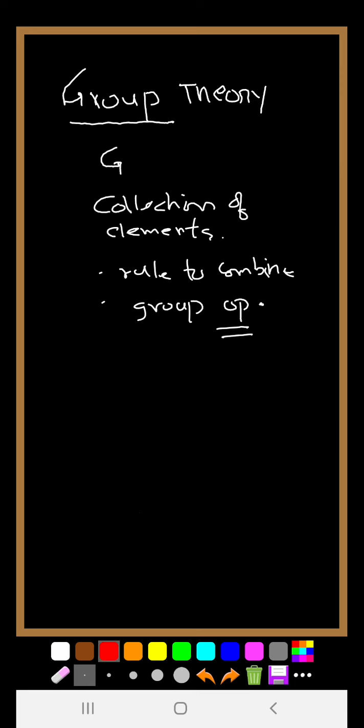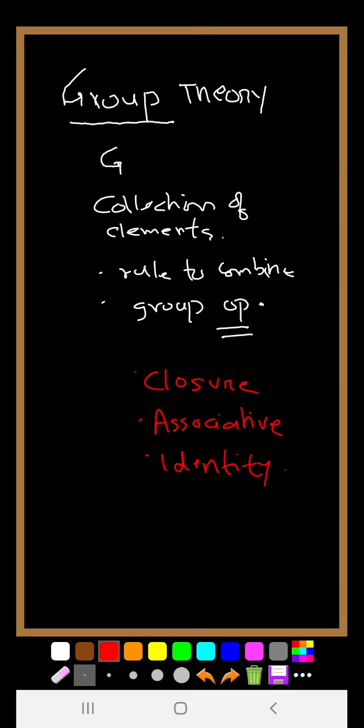The four properties which should be satisfied are closure, associative, identity, and inverse. So these four properties are satisfied by this group operator, and so we can consider them as a group. G is a group.